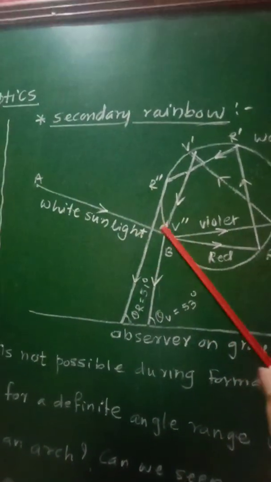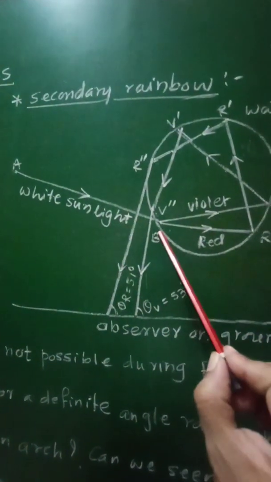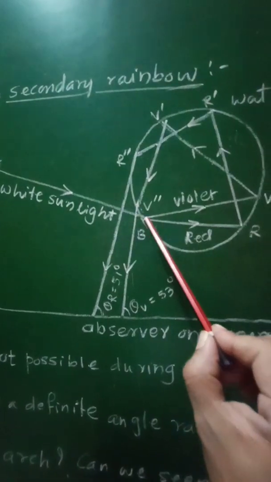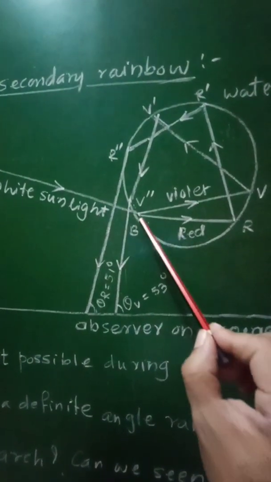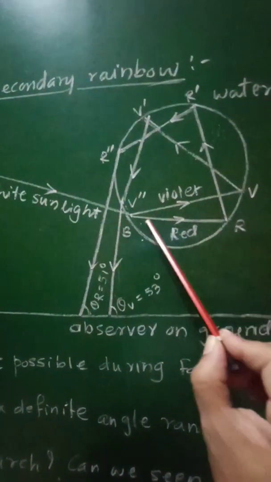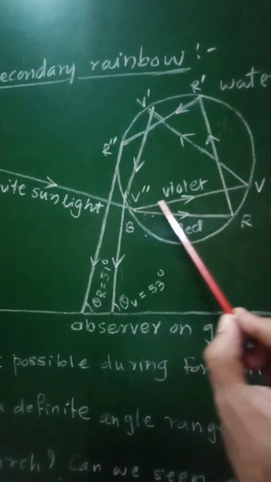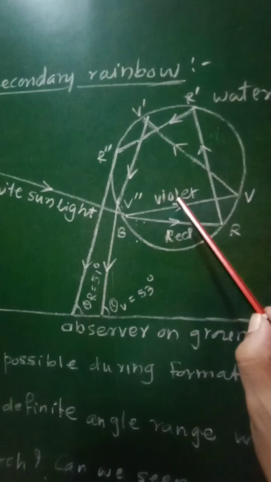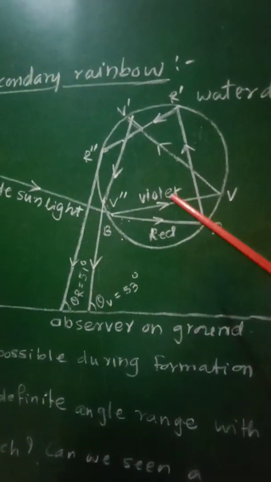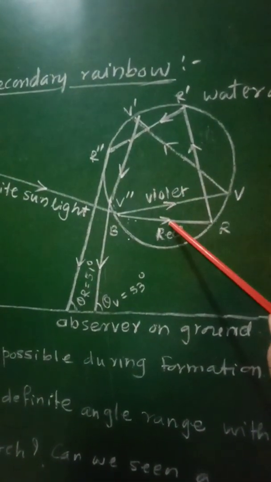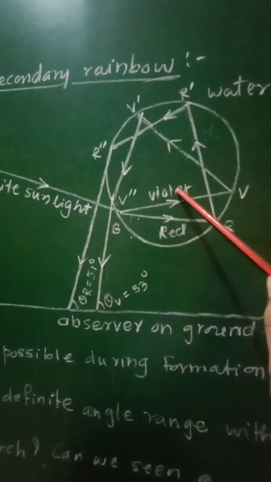As soon as this ray of light is incident at point B on the surface of the water drop, again it will be refracted into the water drop, so that it will deviate and get dispersed into its constituent colors. Violet and red are again the two extreme colors.